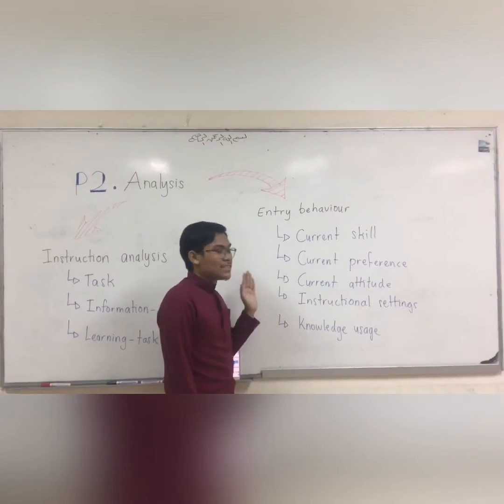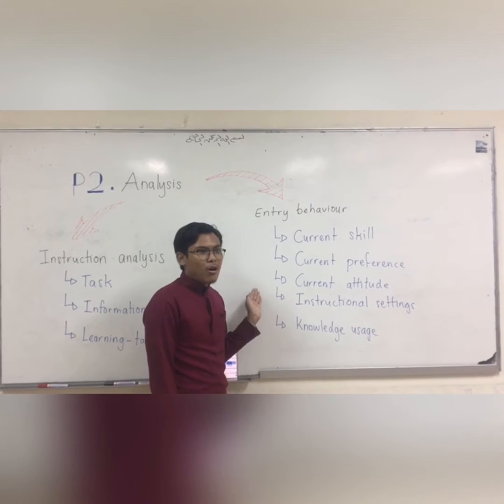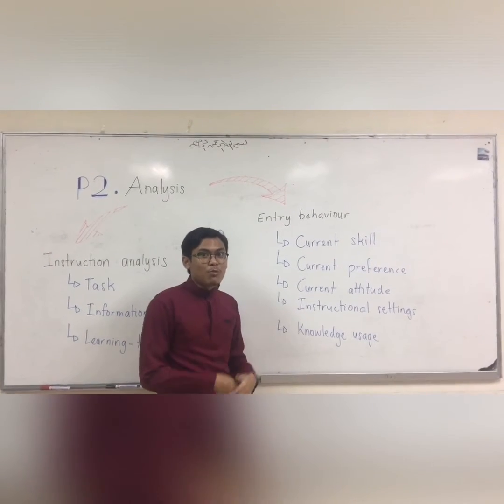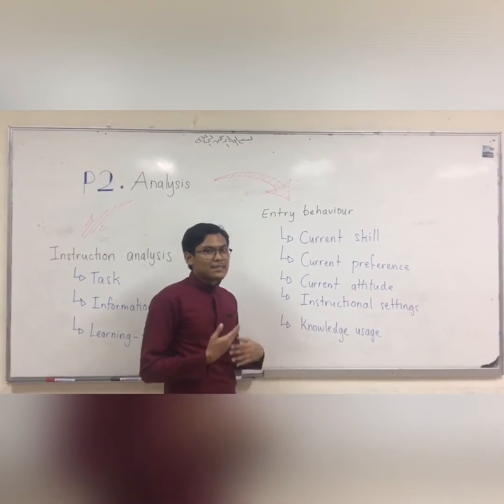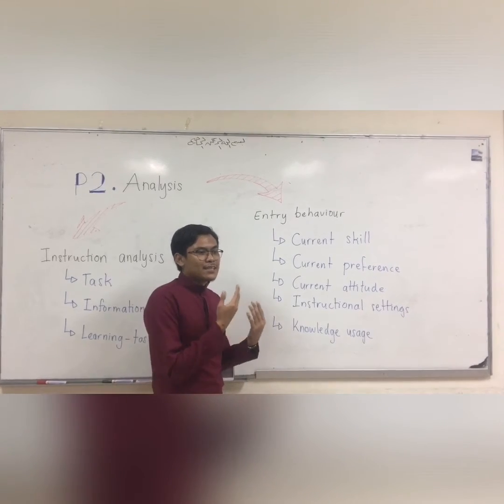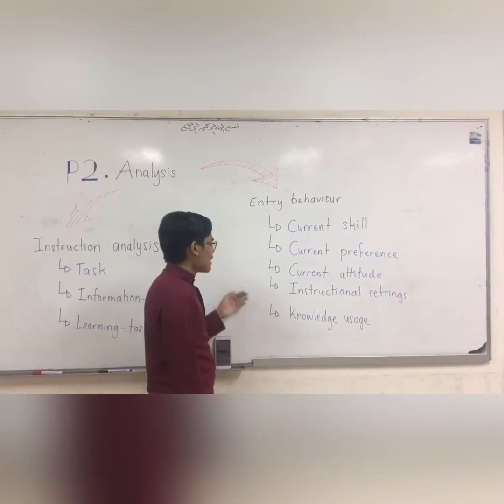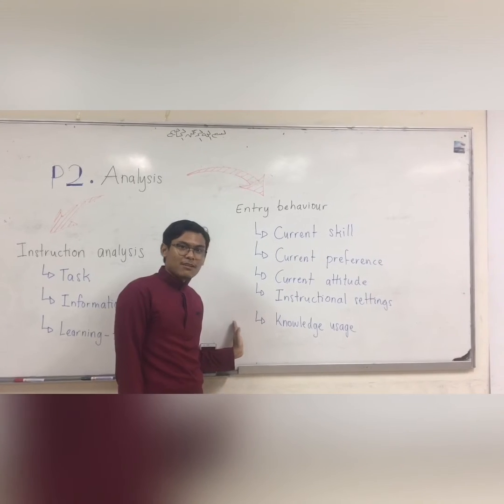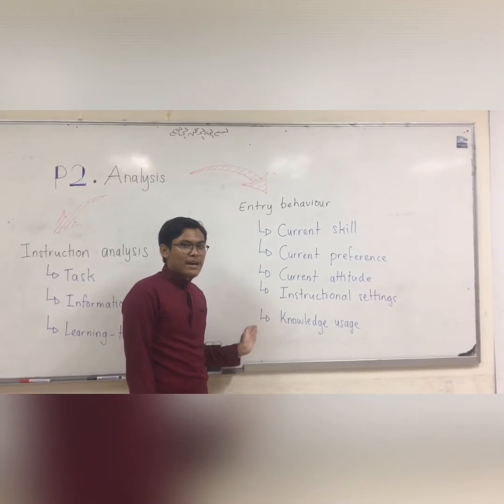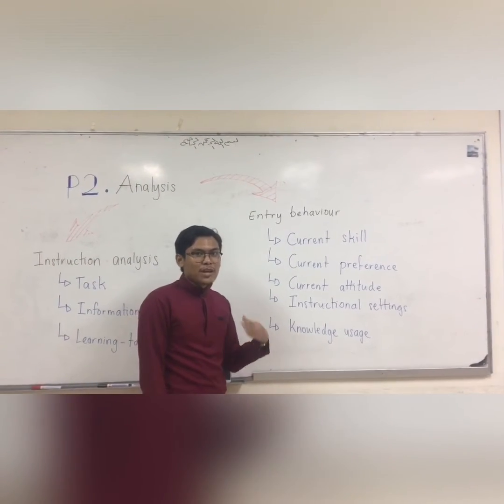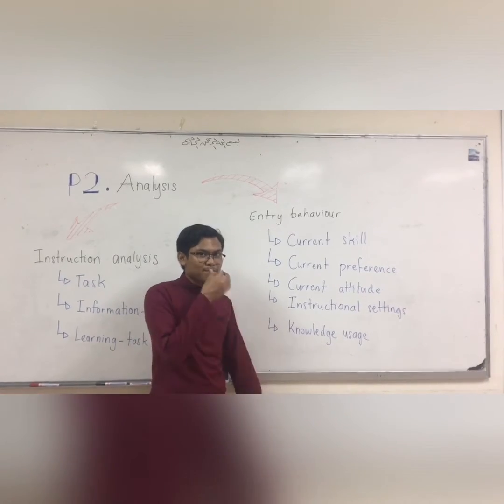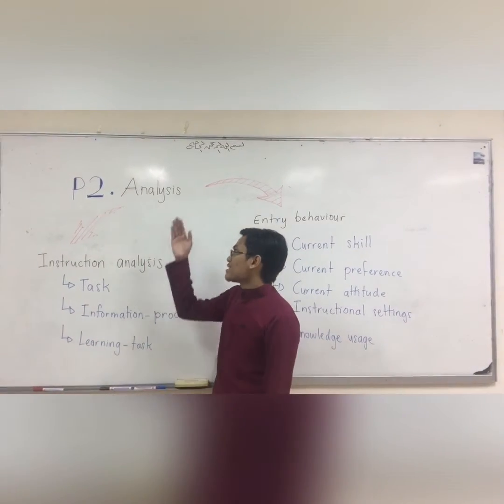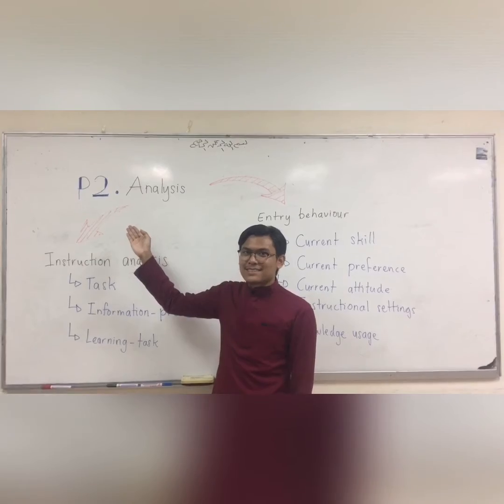Fourth, the instructional settings, or where they learn. Are they in secondary or tertiary level? And last, the knowledge usage, where they use the knowledge. And that's how we go through the second phase.